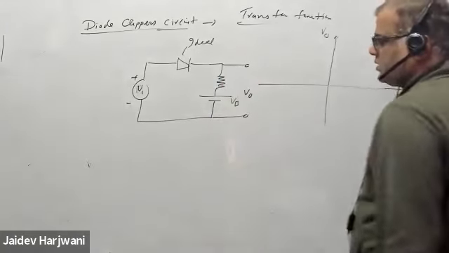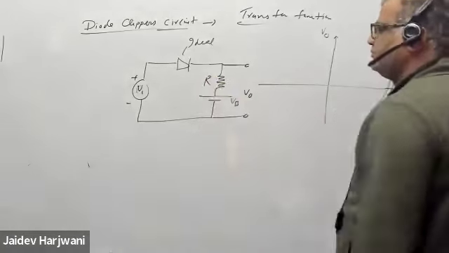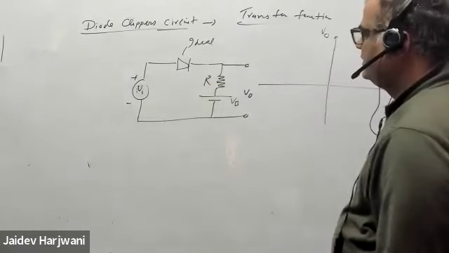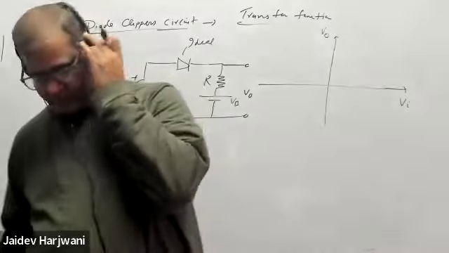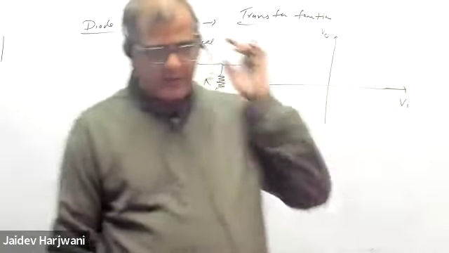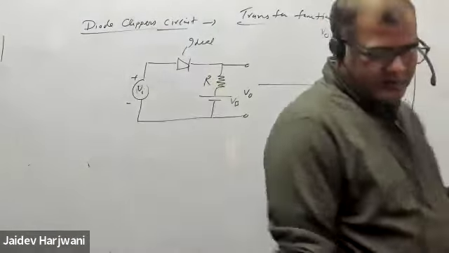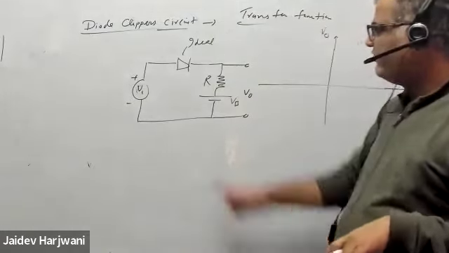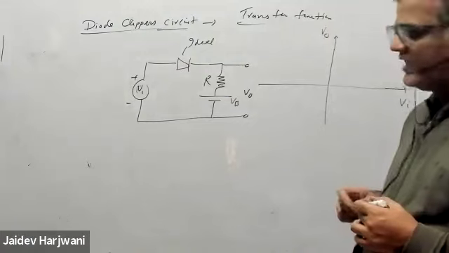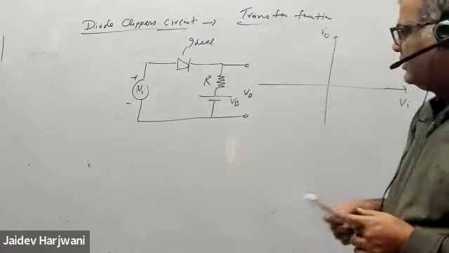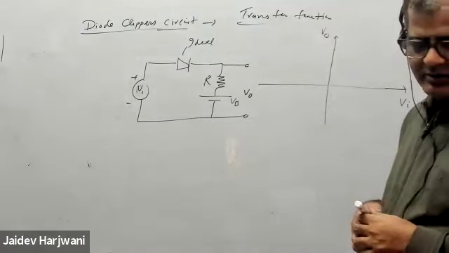Tell me what will happen. This diode will become forward biased when? When your Vi is greater than Vb? Yes or no? Yes, sir.